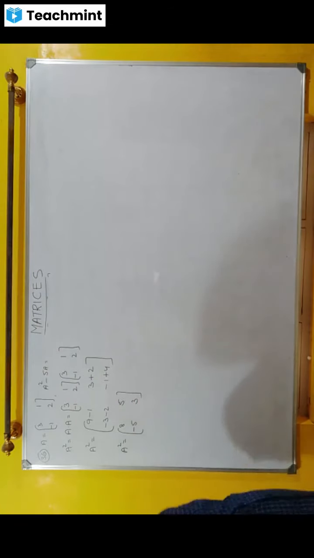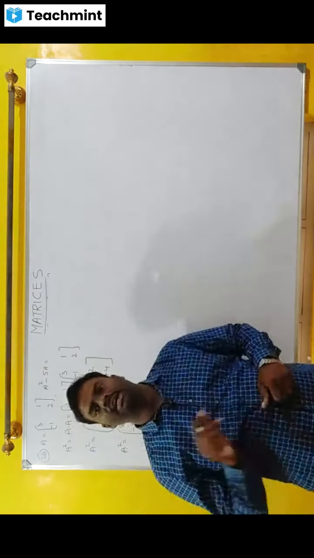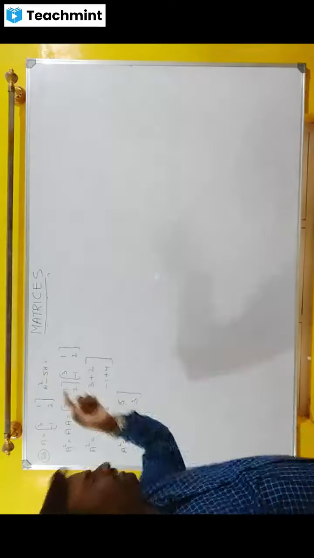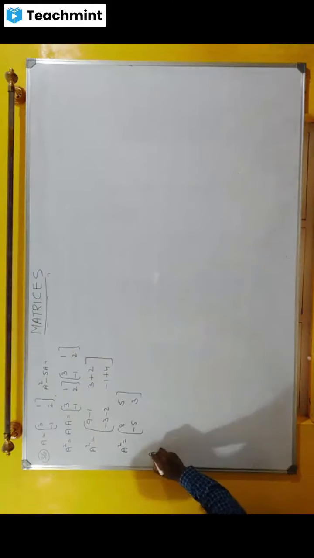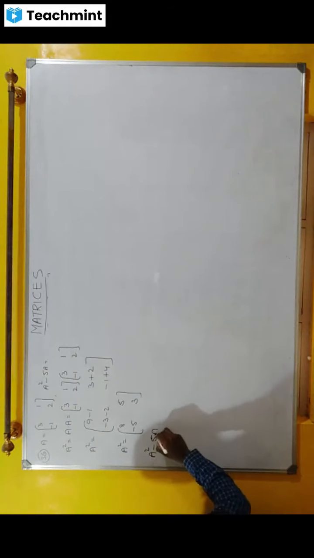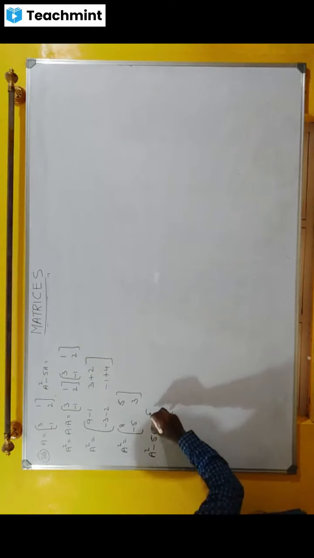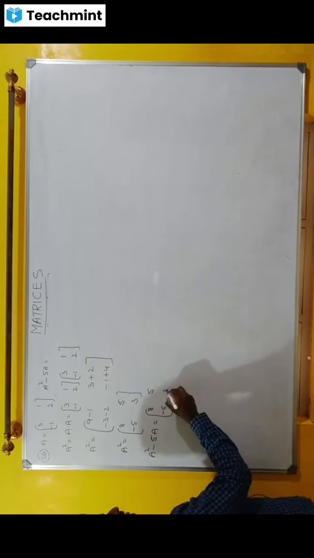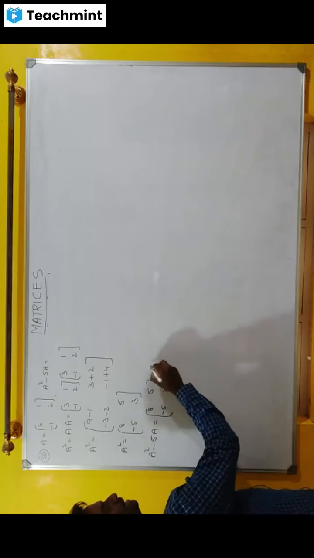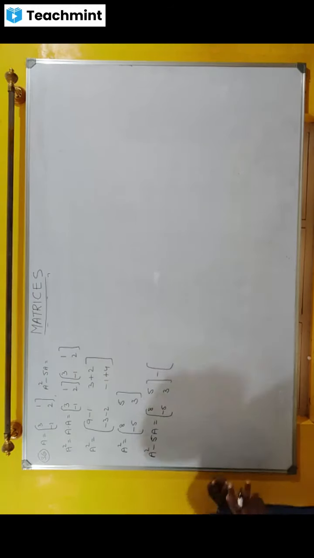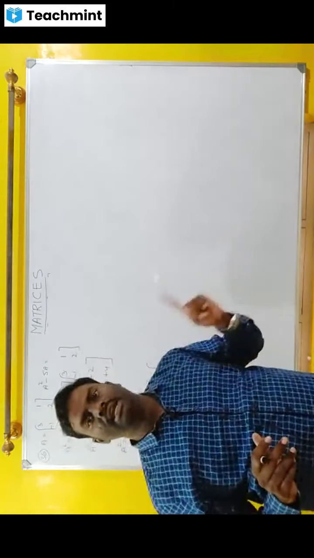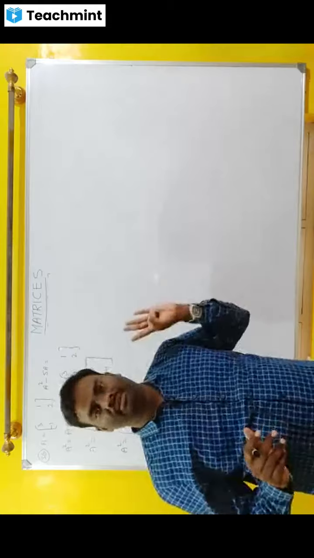So finally, we got A square. But in the question, we need to find A square minus 5A. A square is [8, 5; minus 5, 3]. Minus 5A. What is meant by 5A? A matrix is multiplied by a number 5. Okay?